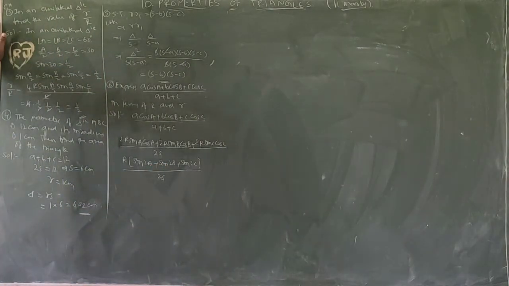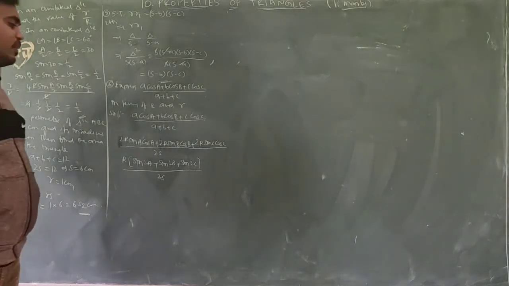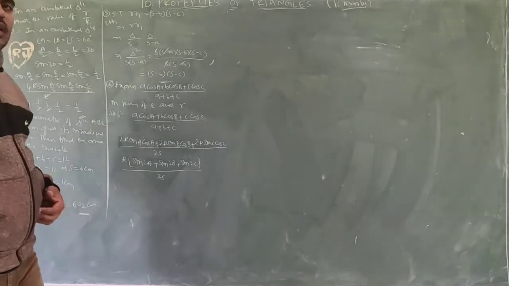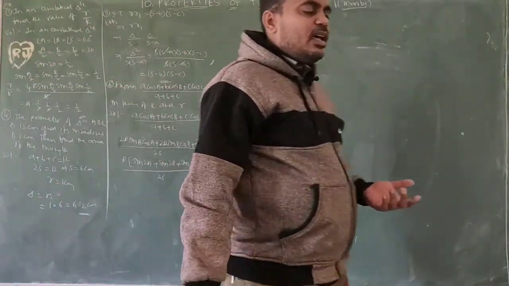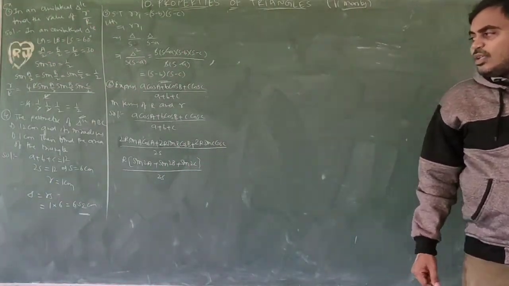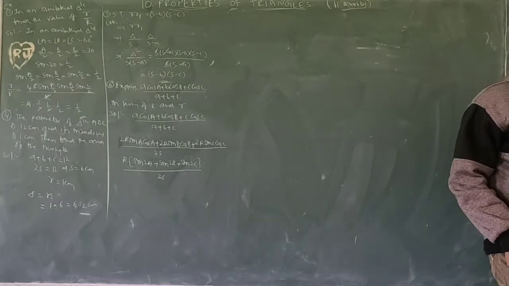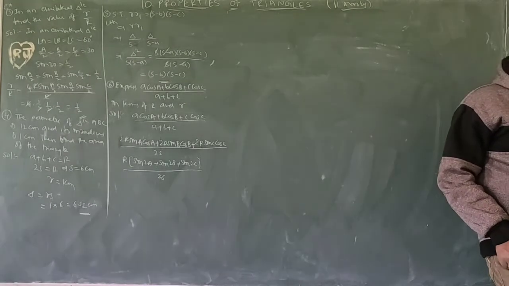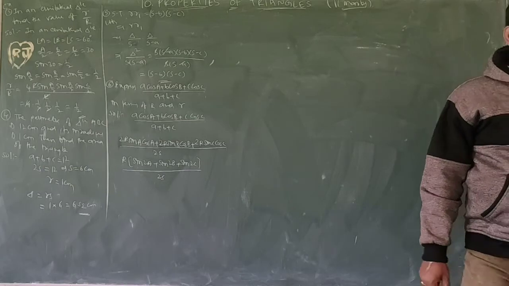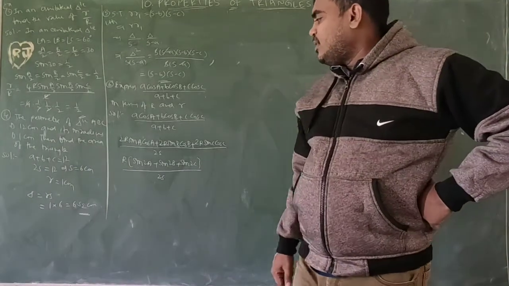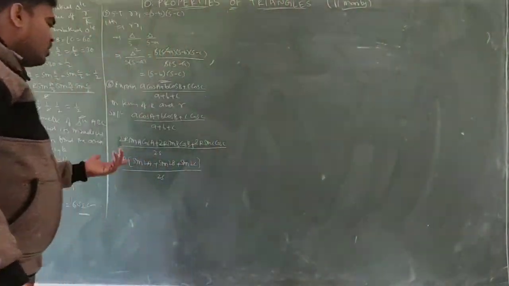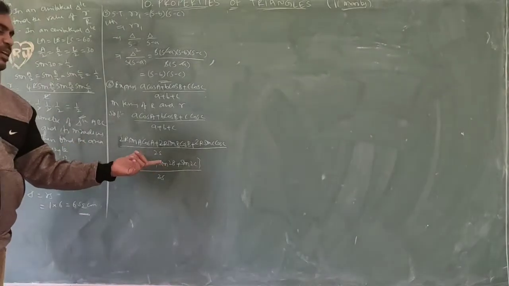So now this one: R into (sin 2A plus sin 2B plus sin 2C). Since we are working in triangle ABC, we can write directly that sin 2A plus sin 2B plus sin 2C equals 4 sin A sin B sin C. Or else we can use the sin C plus sin D formula.